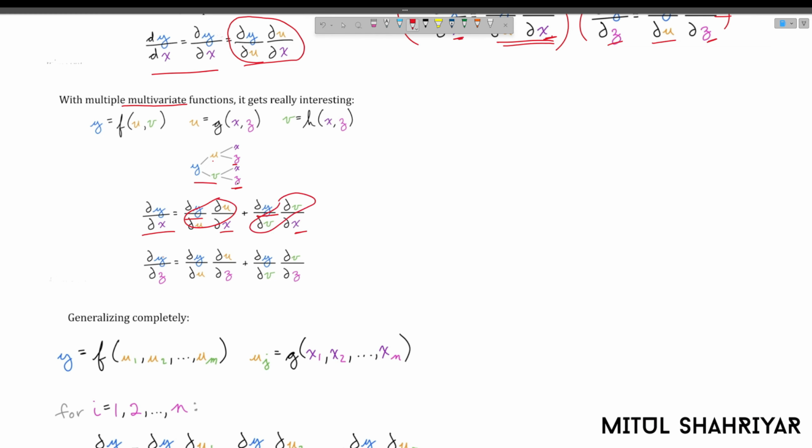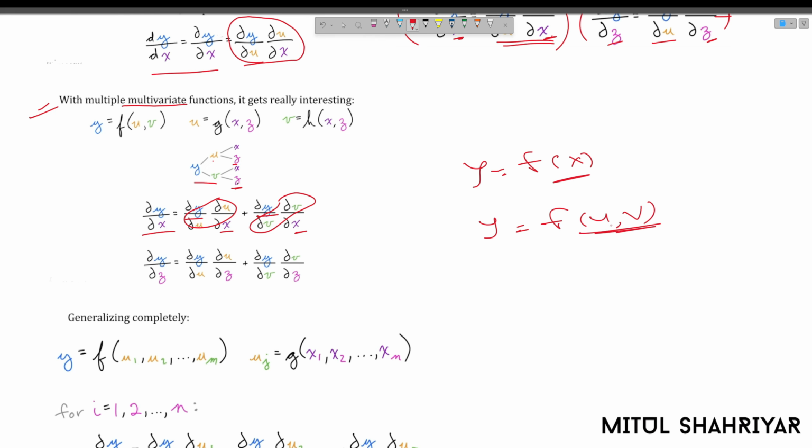In general, if this was not a partial derivative, we would have y equal to f of only one variable. But partial derivatives can handle multiple variables.